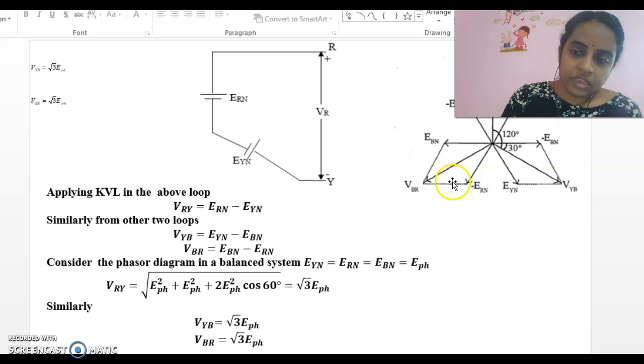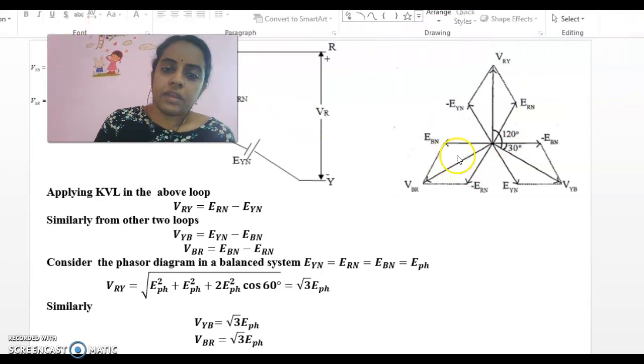So here we are considering the phasor diagram. We know ERN is a phase voltage, with EYN 120 degrees apart and EBN 120 degrees apart. The three phase voltages are 120 degrees apart. Then I have to find out VRY.